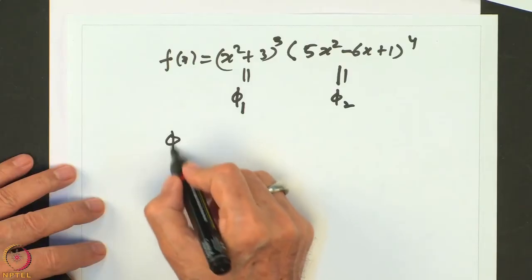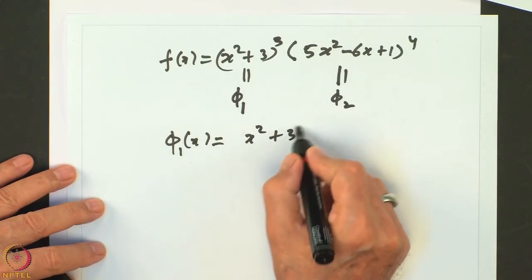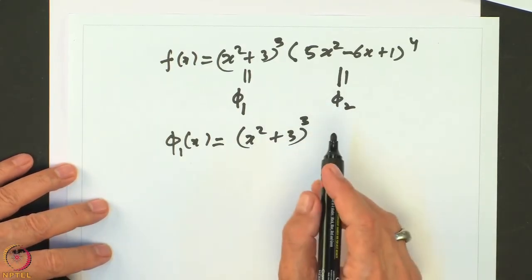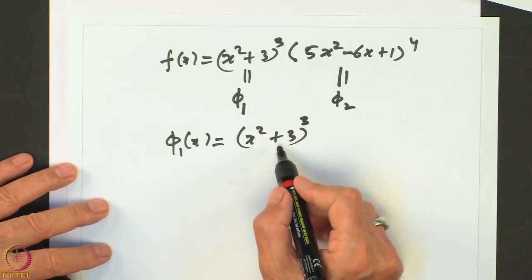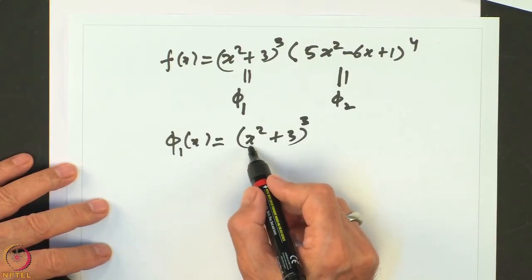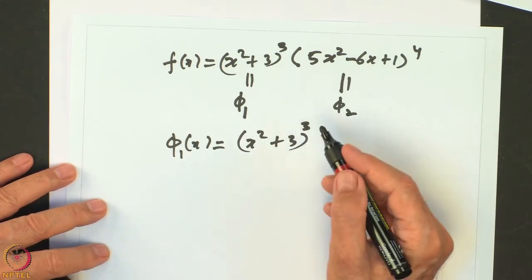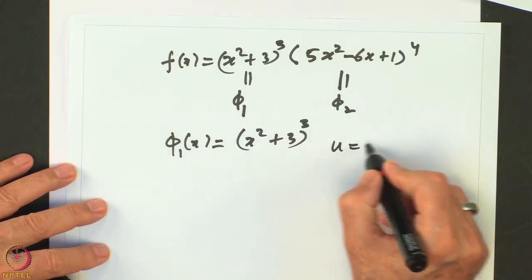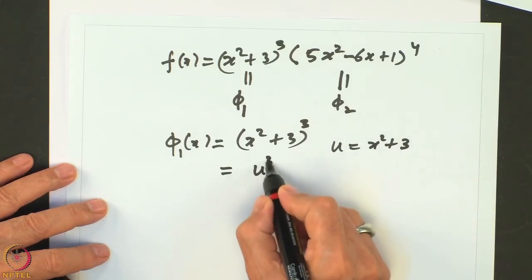So, what is phi 1 of x? That is equal to x square plus 3 raised to power 3. Let us analyze this function separately. You take a point x, look at x square plus 3 and then take the power cube. So, you can think of it as a function of function: you can call u as x square plus 3, then this is nothing but u to the power cube.